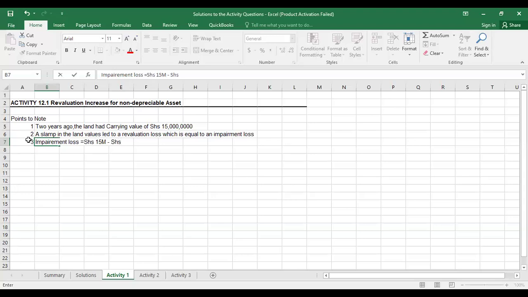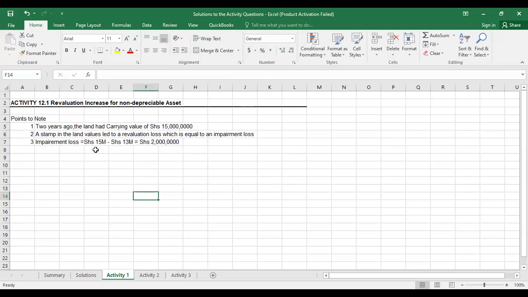Please, in the exam, you write the amounts in full, not 15M like I'm doing. So at this point, I think we are together on how we are getting our impairment loss.